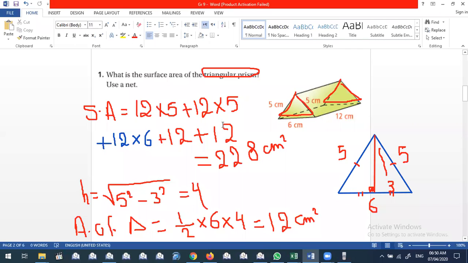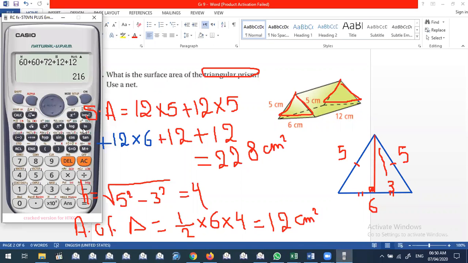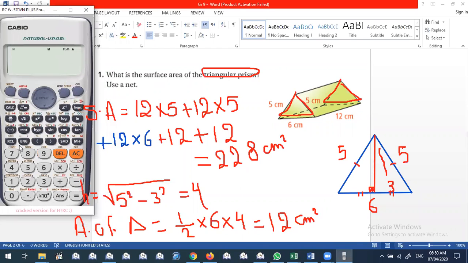Sorry for this mistake. Here I have a mistake: 12 by 6, I found it as 84, but 12 by 6 is 72. So let's check the answer again. 12 by 5 is 60 plus 60 again plus 12 by 6, 72, plus 12 plus 12 again.